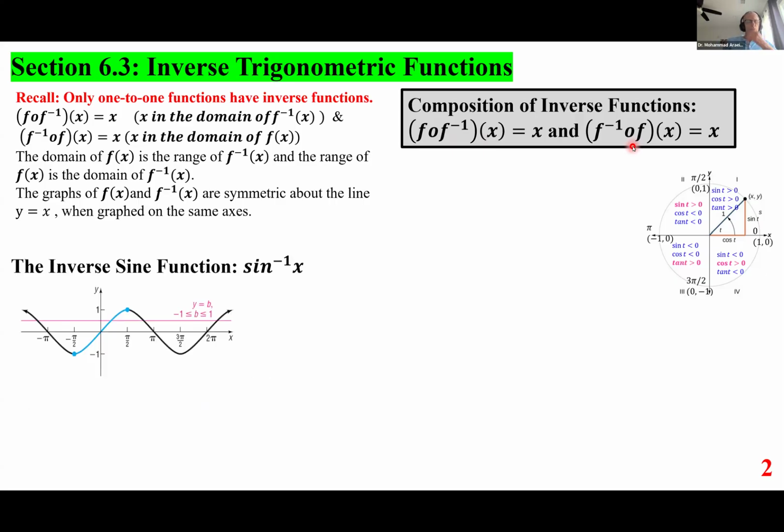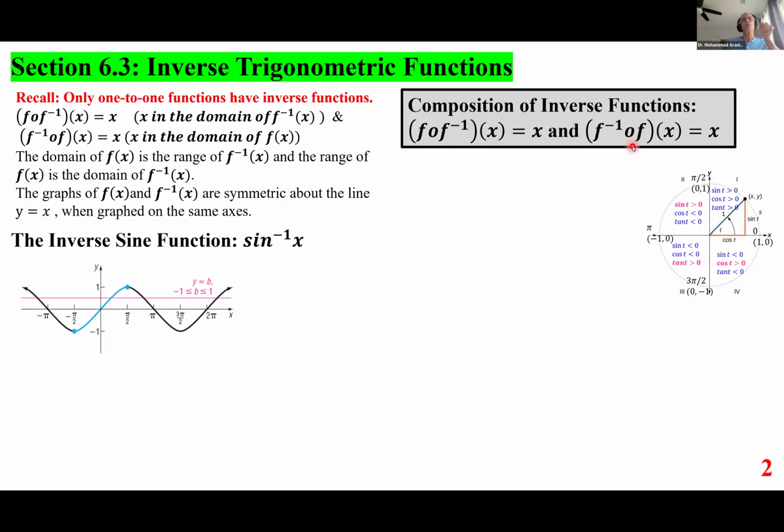Now, what about trigonometric functions? We are interested in finding the inverse sine function. As you know, none of the trigonometric functions are one-to-one because they fail the horizontal line test. So when y equals sine x and the domain goes from negative to positive infinity, the range is from negative 1 to 1, it is not a one-to-one function.